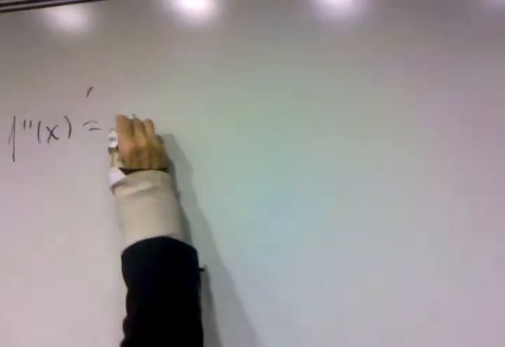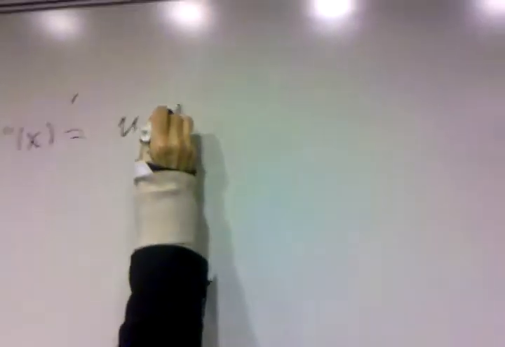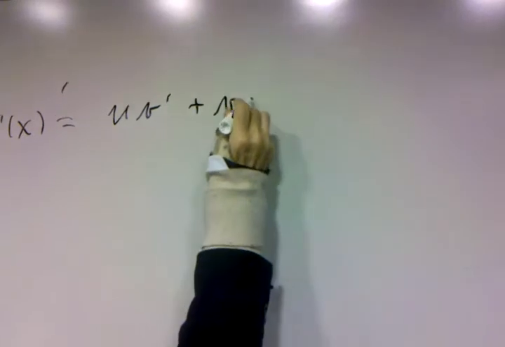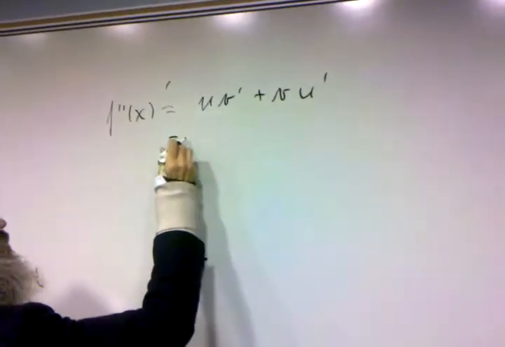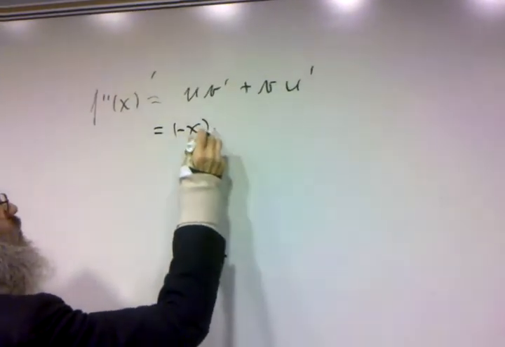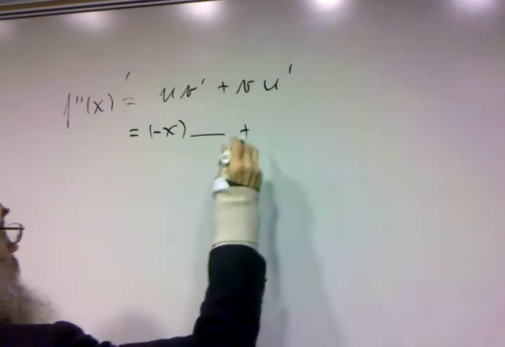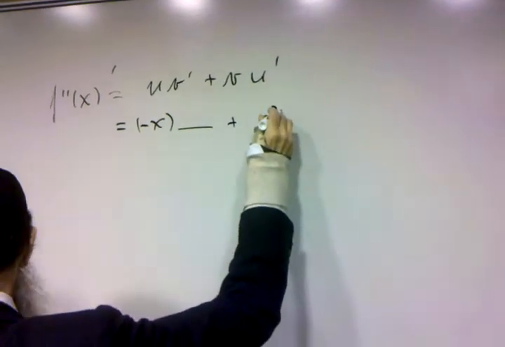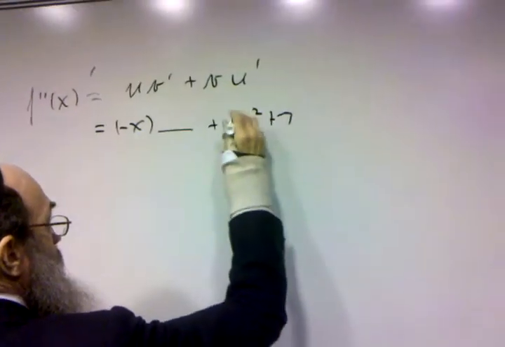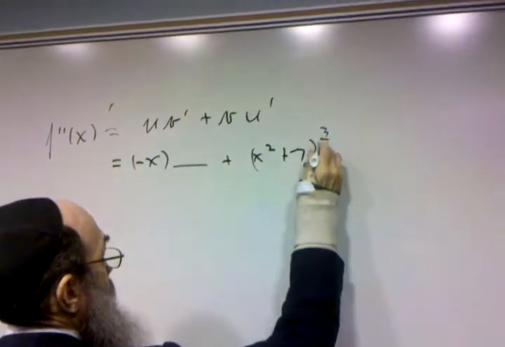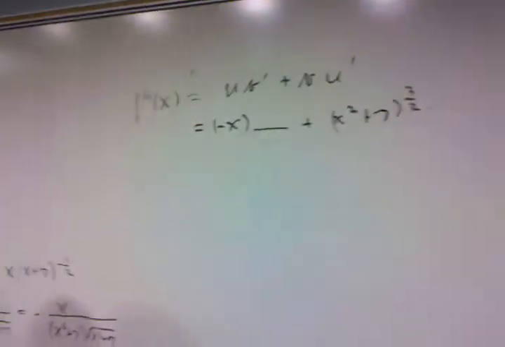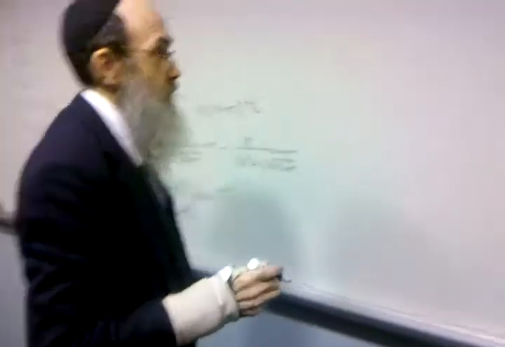And the rule is the derivative is u v prime plus v u prime. If u is negative x, that's what u is. Right here we'll put v prime. Here we'll put in v, which is x squared plus 7 to the negative 3 halves. Here we put in u prime. U is negative x, u prime is just plain negative 1.